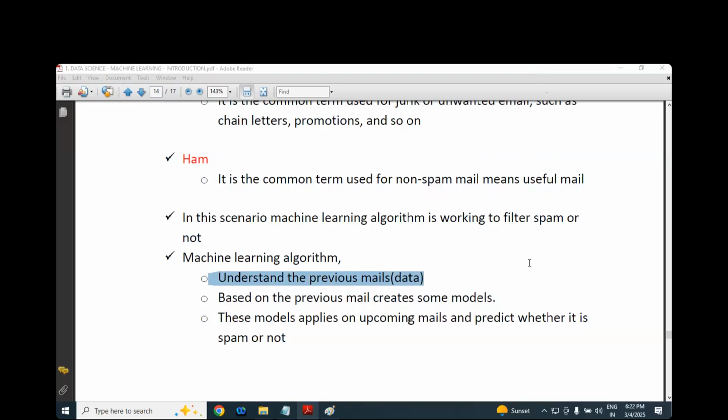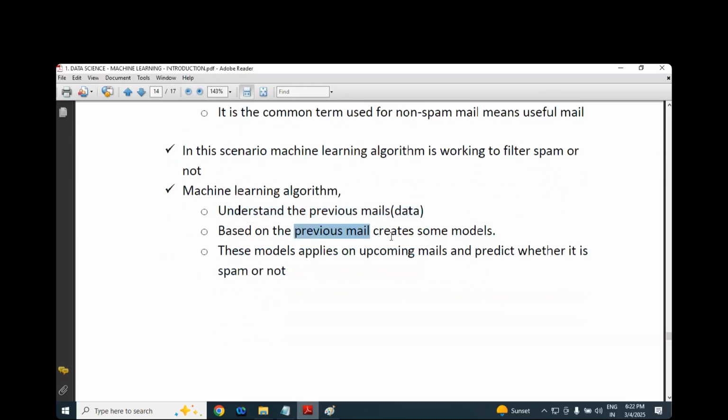It will pick words which we already moved to spam. Based on that, it will be moved to spam sometimes actually. Yeah, that is also one of the scenarios. Supriya boss, you're right actually. Based on the previous mails, it creates a model actually. Good. These models are applied on upcoming mails and predict whether it is spam or what exactly.